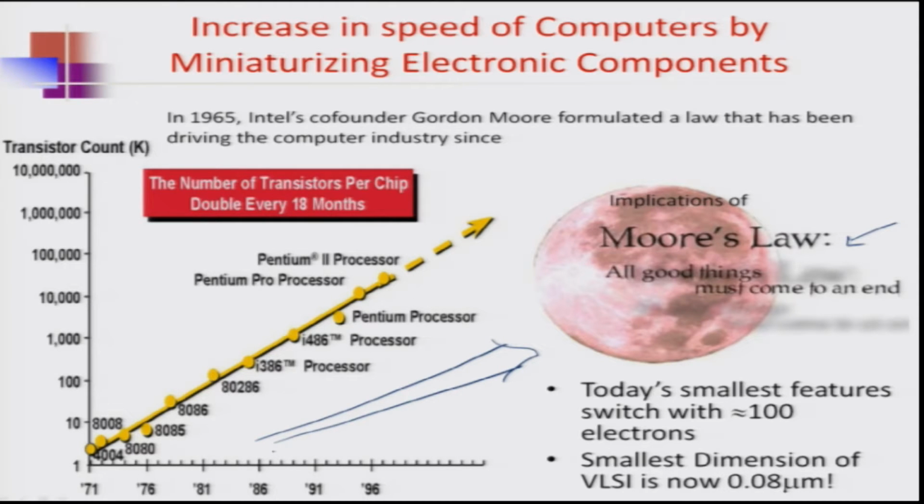That is very interesting, because now we are talking about switching at very small scales, and the current VLSI, the very large scale integrated circuits, can be as small as a few tenths of a micron, and even smaller actually. They have reached nanometer scales.